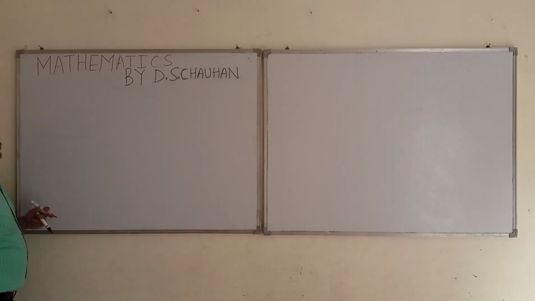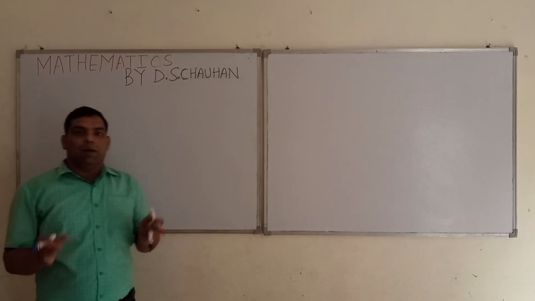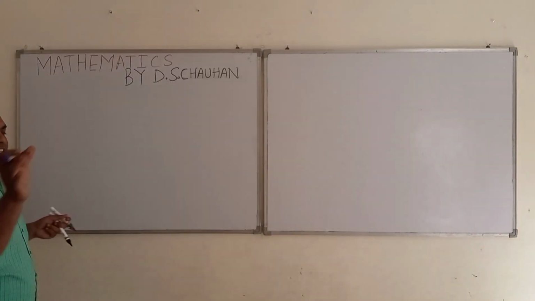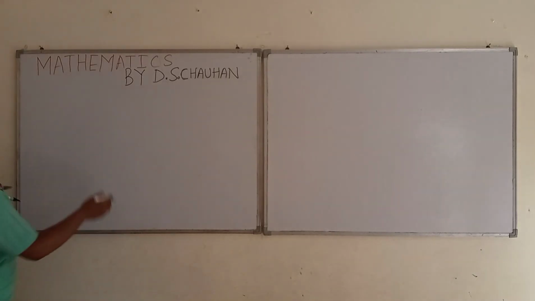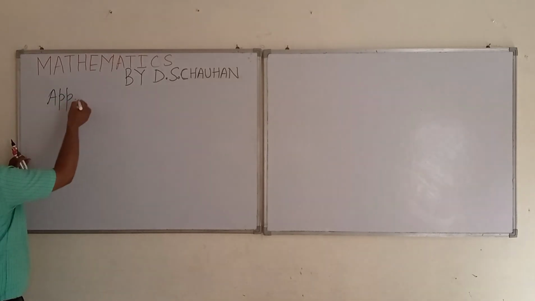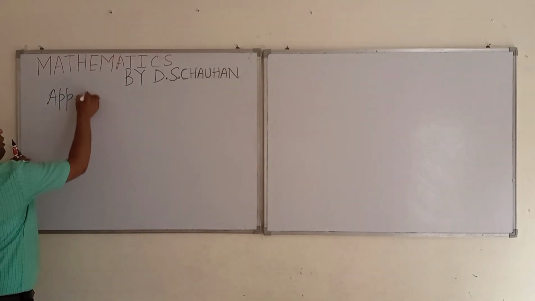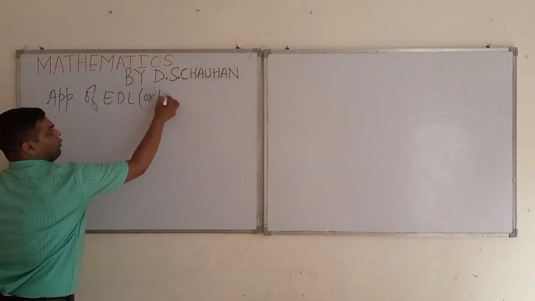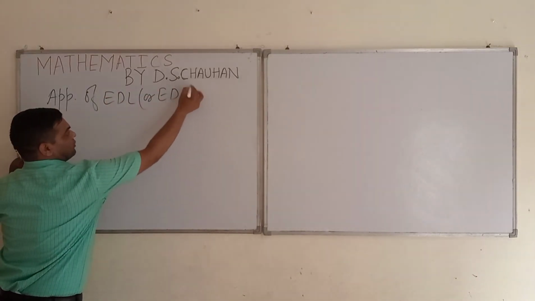Well students, now I am going to tell you about the application of Euclid division lemma. Inside we will write application of Euclid division lemma, or you may note down Euclid division algorithm.